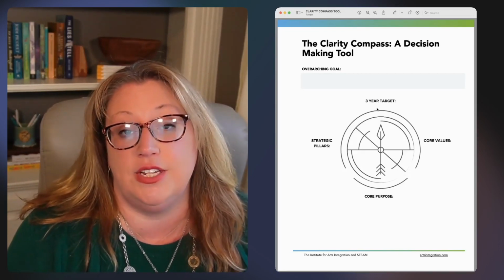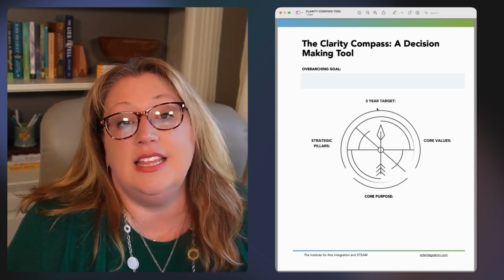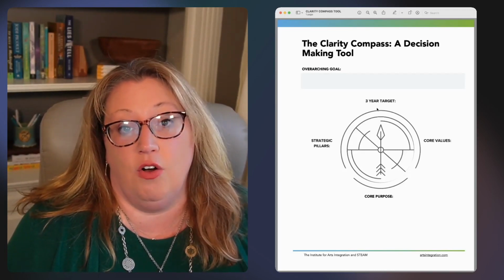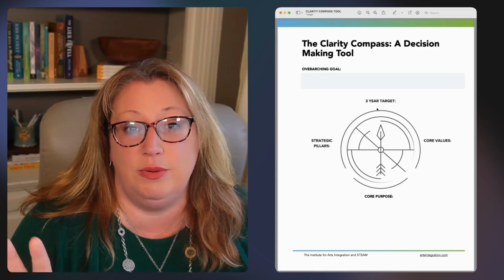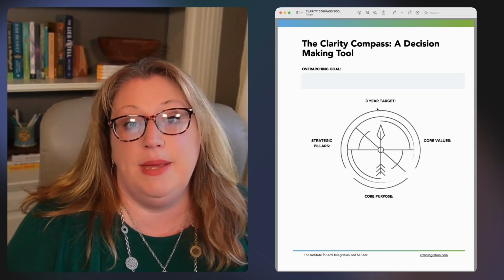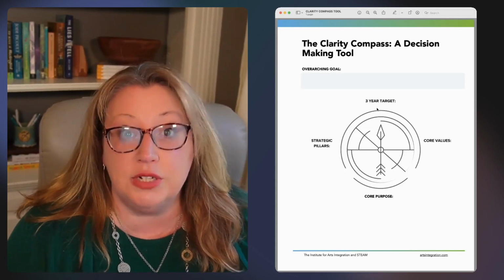Now you get to move to the next part of the compass. If it has nothing to do with your target goal, I want you to consider, is this something that I really need to be working on right now? Because your target should be something that's really important to you.